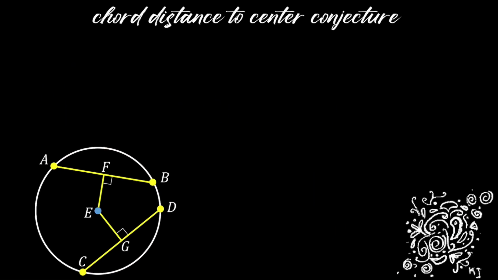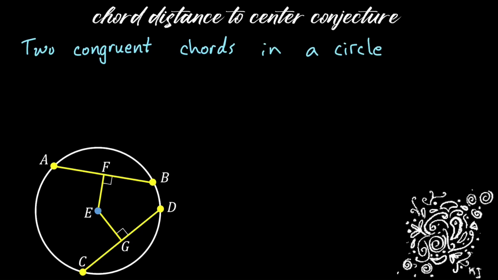Our final conjecture is the chord distance to center conjecture. So that says that two congruent chords in a circle are equidistant from the center of the circle.